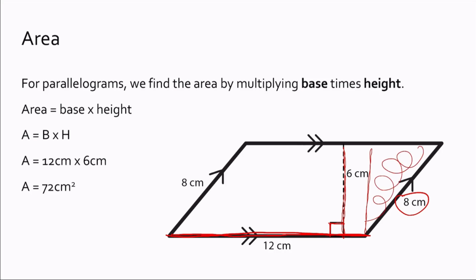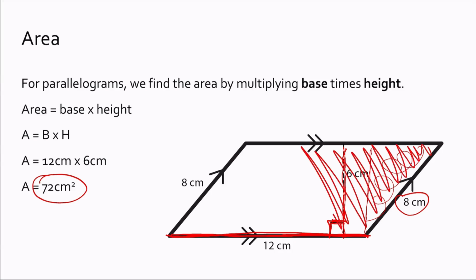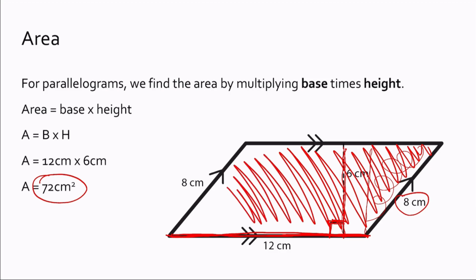And so this 8 is going to screw us up. So we just want to remember for parallelograms, base times height from a right angle. So in this case, we have 12 times 6 centimeters, which gives us 72 square centimeters is the area of this shape. So if I fill this in, I need 72 square centimeters of material to fill this in.